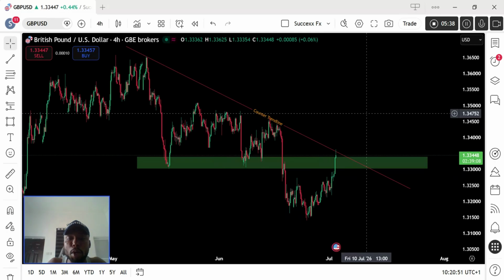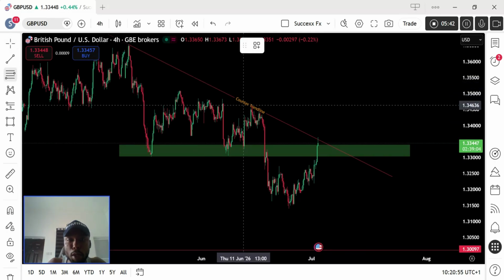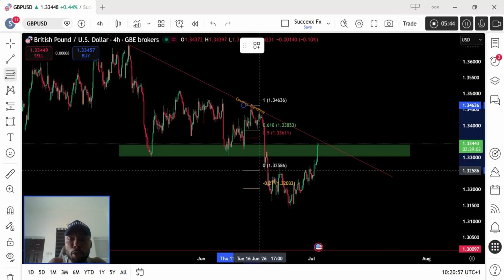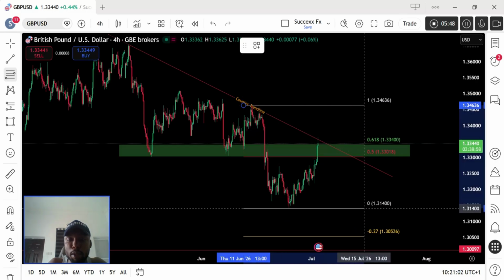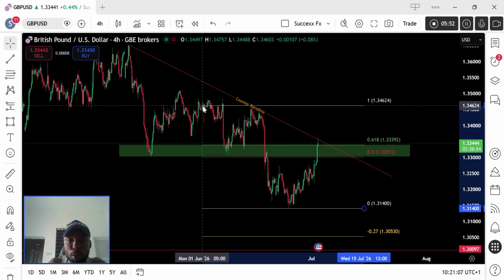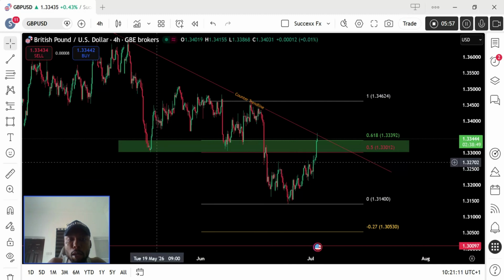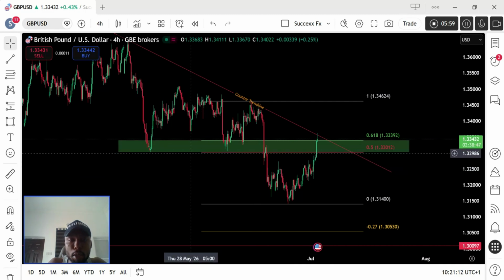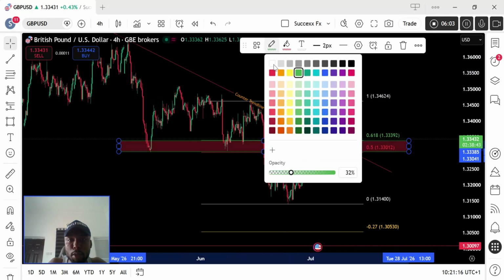Right, that's it. So if you also plot your Fibonacci from here, as you guys already know, GBP USD respects the 0.5 and 0.618 Fibonacci levels. So if you look, we have a lot of confluences here that suggest a sell.